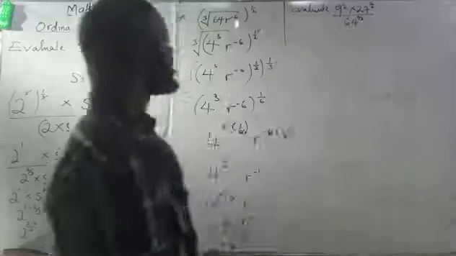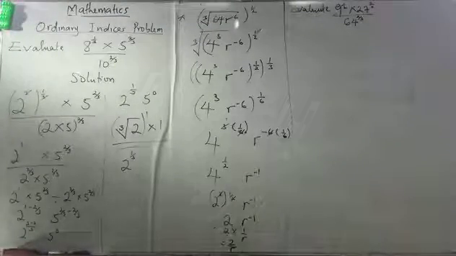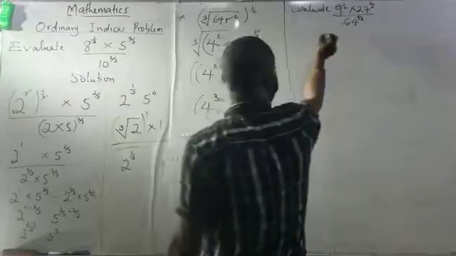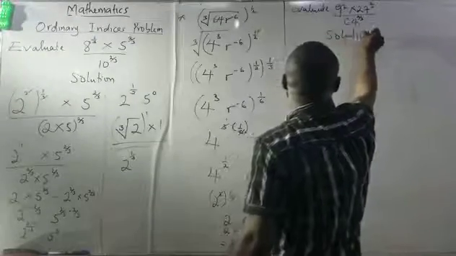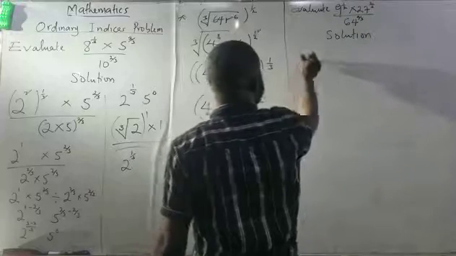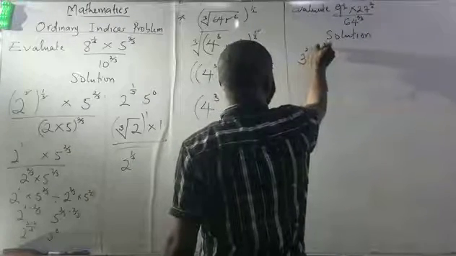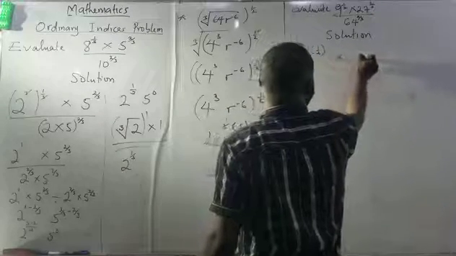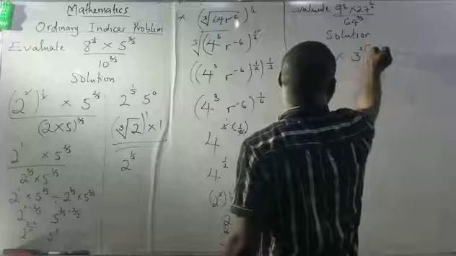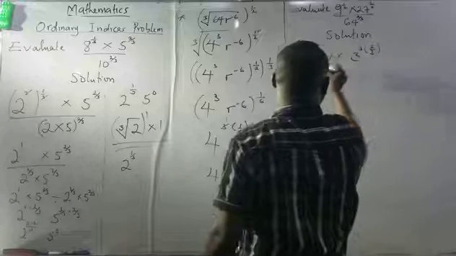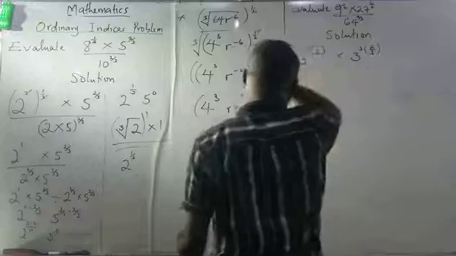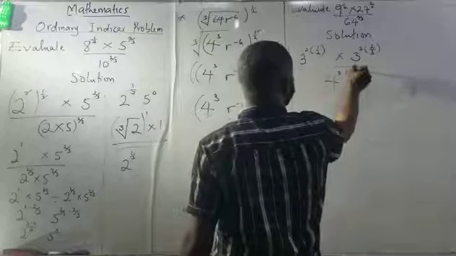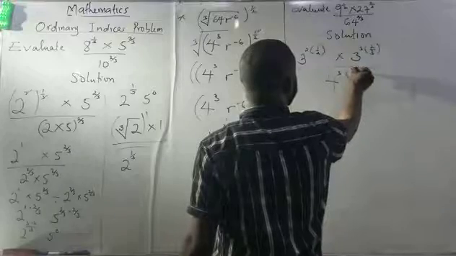Now, I can write this question this way. I can say that 3 raised to power 2, bracket of 1 all over 2, multiplied by 3 raised to power 3, bracket of 2 all over 3, divided by 4 raised to power 3, bracket of 2 all over 3.